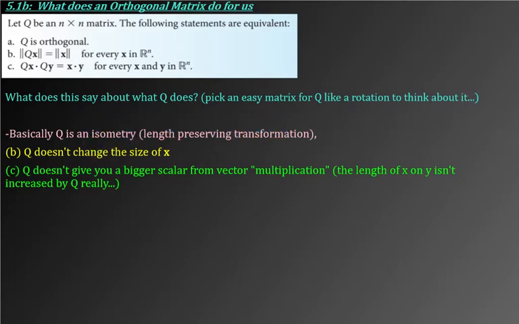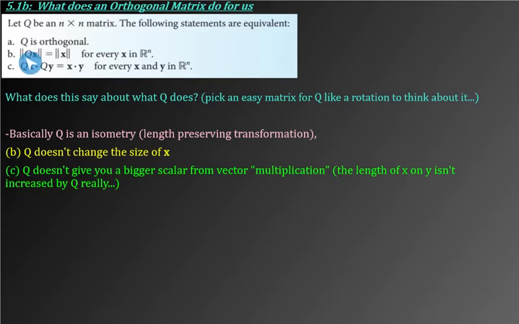And these show up all over the place. There's lots of applications where it wouldn't make sense to drop down a dimension or go up a dimension. You just want to preserve the space as much as possible, even to the level of preserving distances.